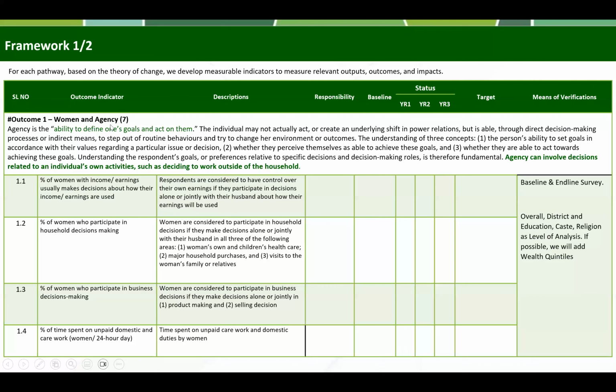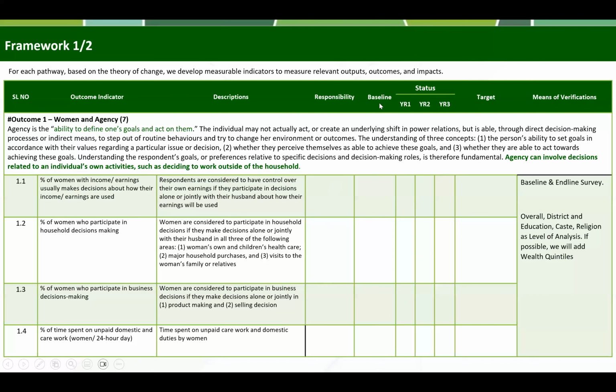For a very good LFA, it is always helpful to put down and clearly mention what is needed for your program and all sorts of details. And then I put the responsibility, which a program team always wonders about: will a district team collect the data or a third-party organization collect the data? Then baseline, year 1, year 2, year 3, and target, and then means of verification.